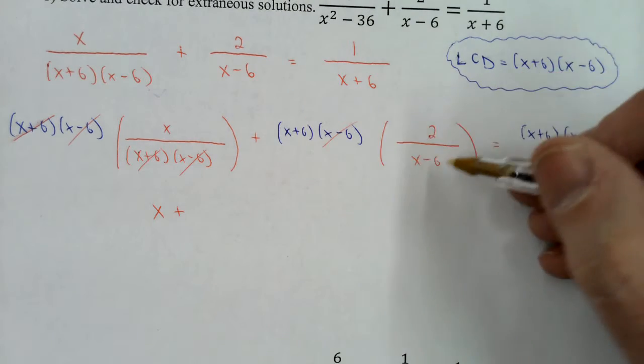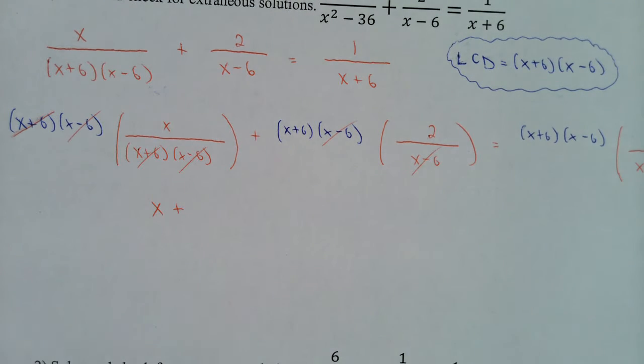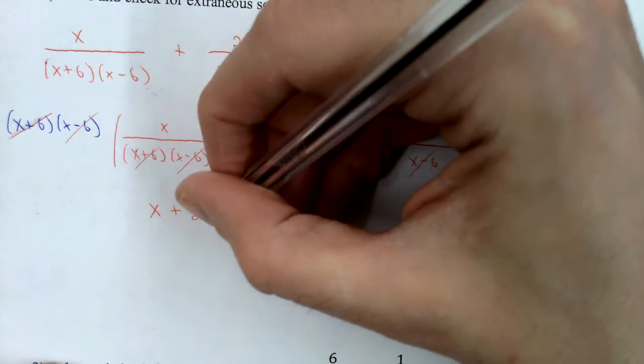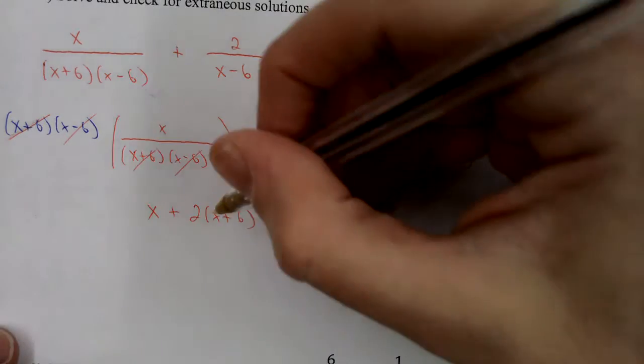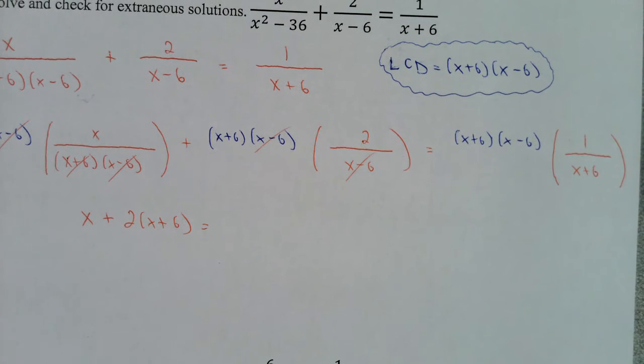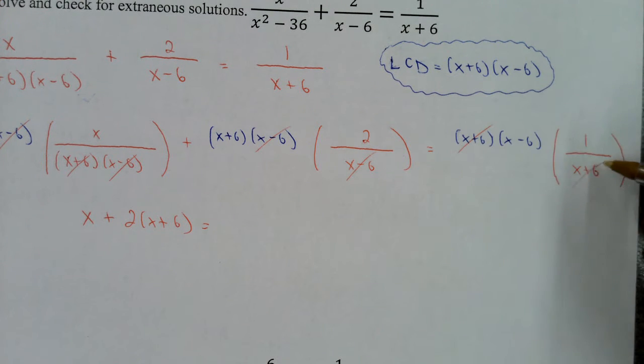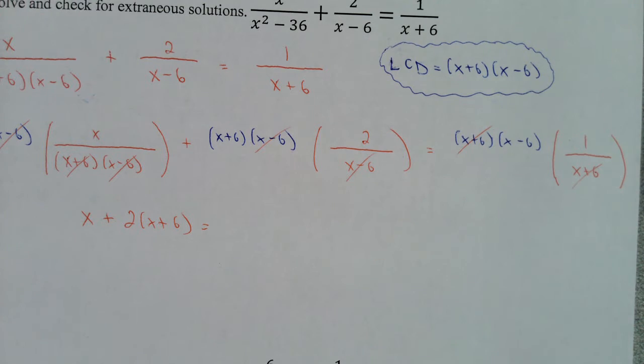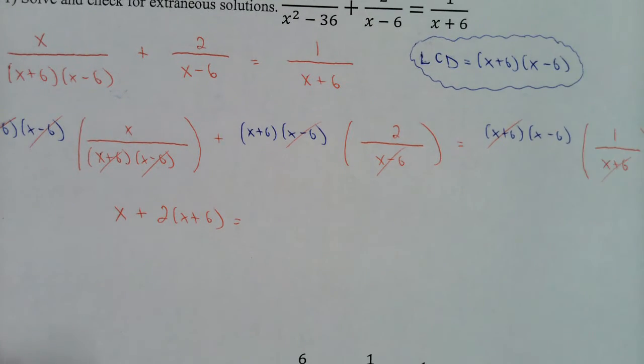These x minus 6's divide out, so you have 2 times x plus 6 left over, equals, over here the x plus 6's divide out, and you just have x minus 6 left over, times 1, but that's meaningless.